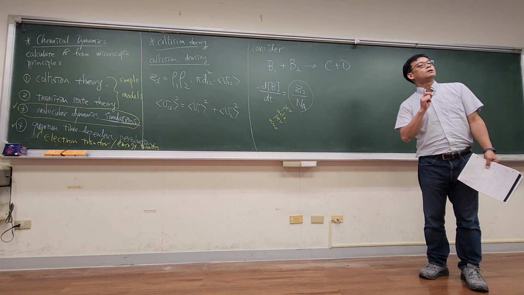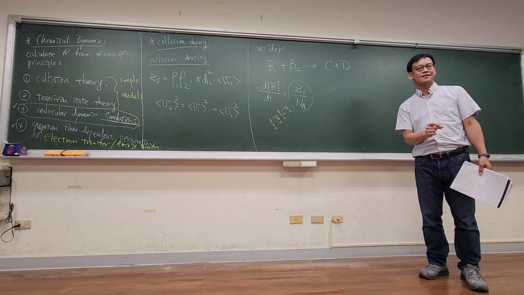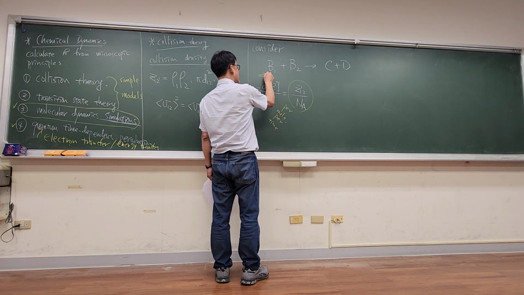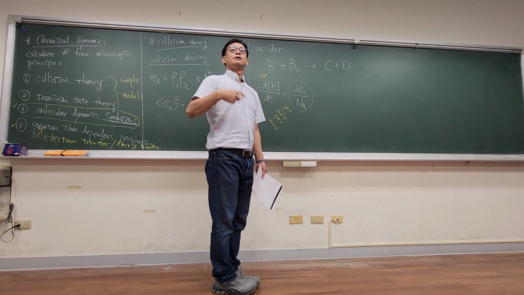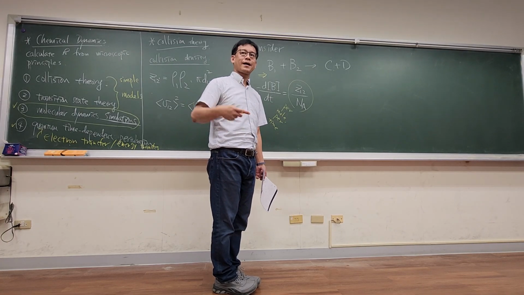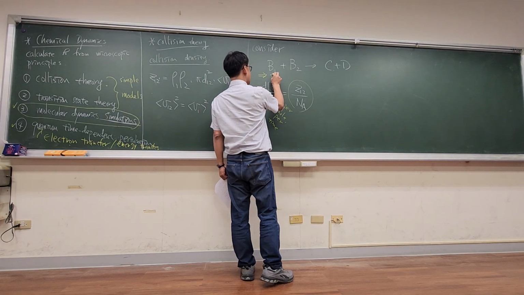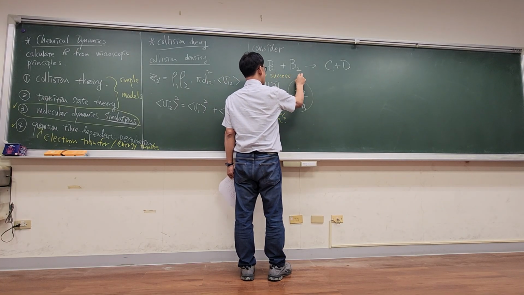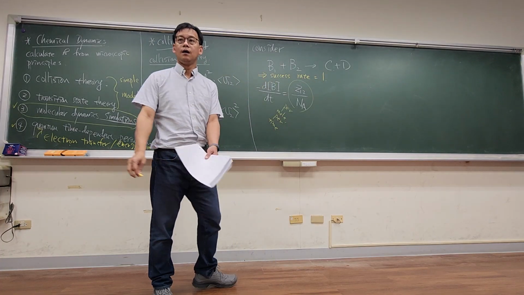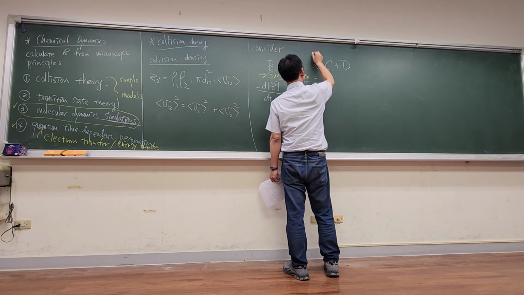But here we already made an assumption. We assume each collision is a successful reaction. So we assume that the success rate of collision to make reaction is 1. And there is a technical term for this. This is collision control.